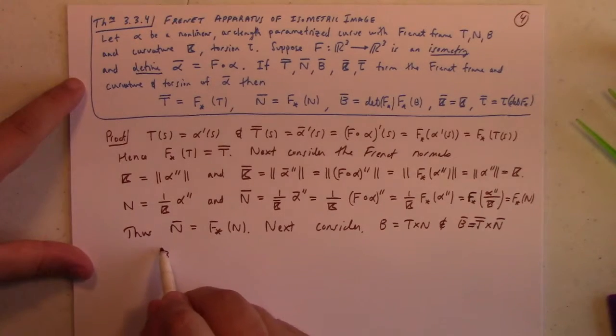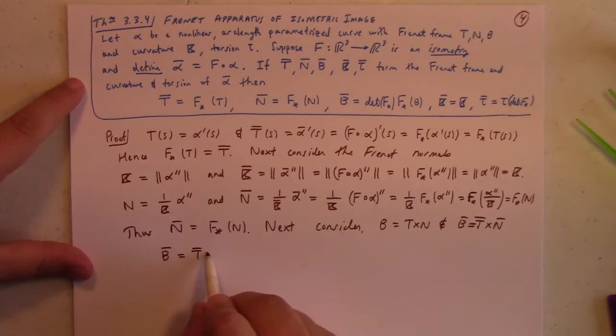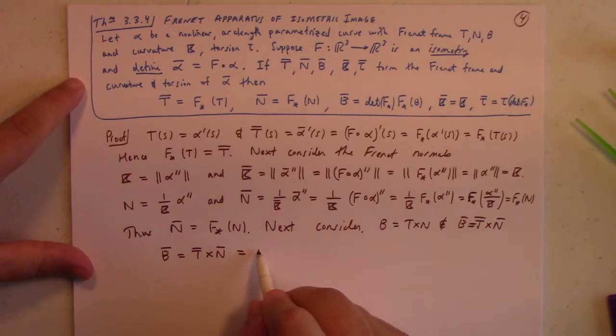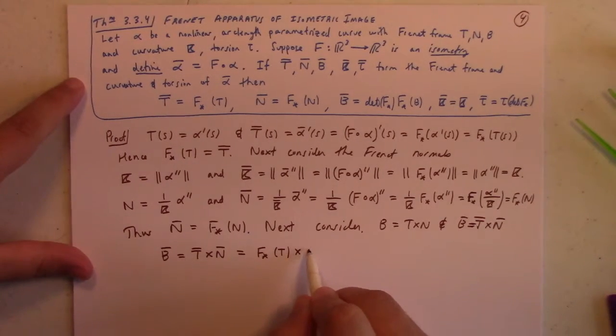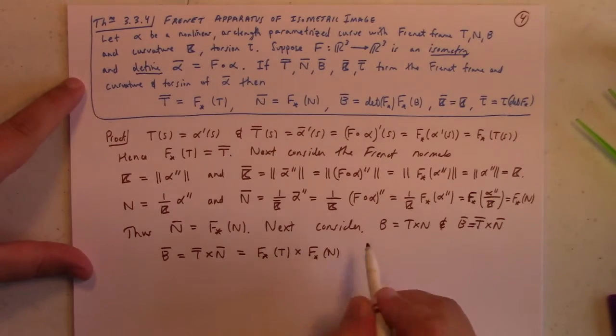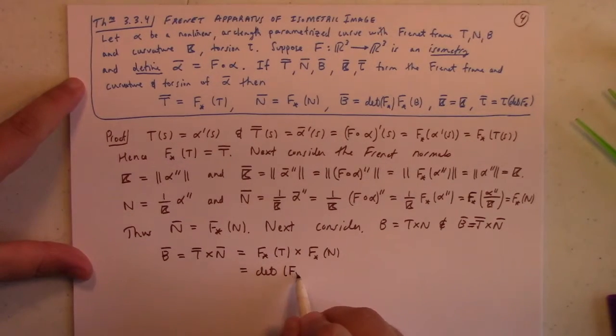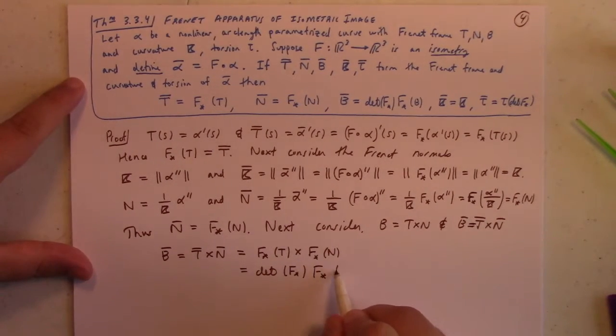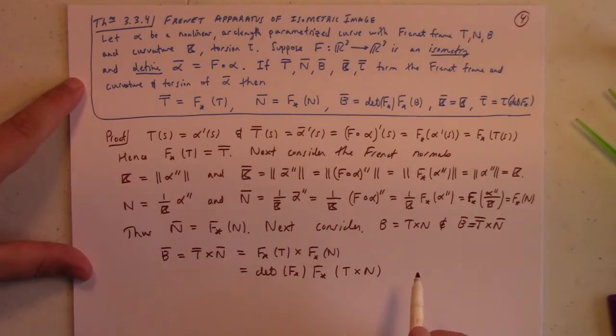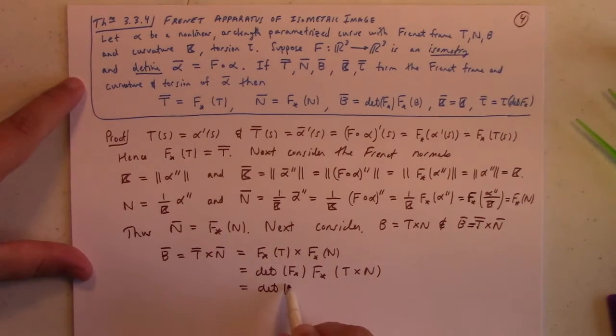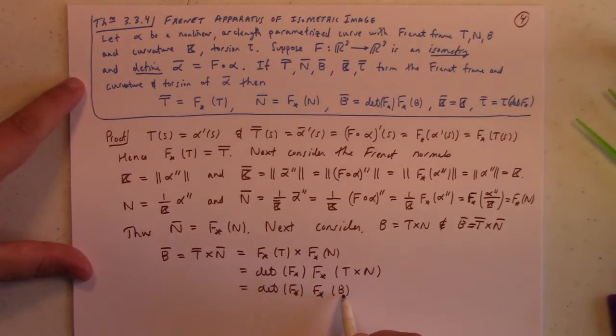So B bar is T bar cross N bar, which we just proved is the push forward of T crossed with the push forward of N. And then by Theorem 3.33, that's the determinant of the push forward times the push forward of the cross product of T and N. But the push forward of the cross product of T and N is exactly the push forward of B. So that's the determinant of the push forward times the push forward of B. And what do you know? That's what we set out to prove.